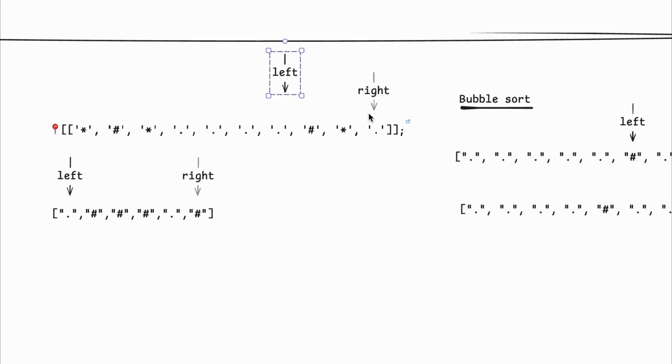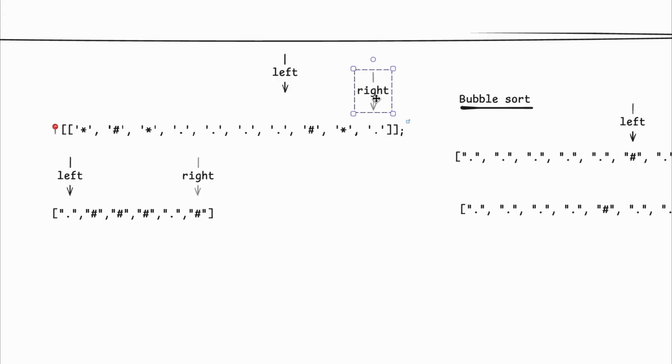We take the rightmost char and try to find the empty cell. Just a reminder, the empty cell is this period. When we come across an empty cell, we try to change it with the next char, following our direction.